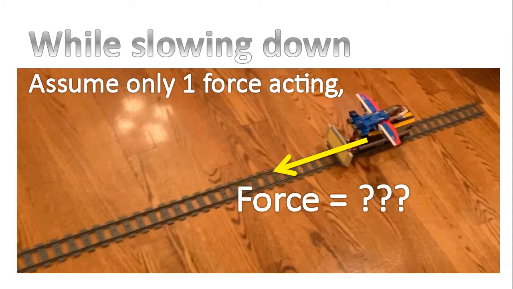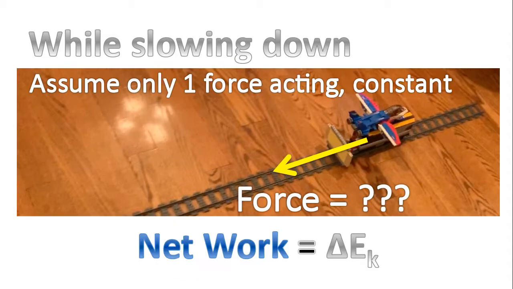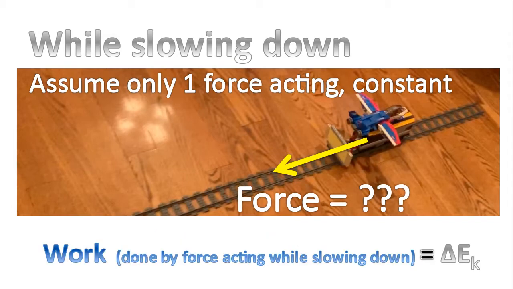Well, today in our investigation, we'll assume that while the train is slowing down, there's only one force acting. We'll also assume that that one force is constant. And so, continuing on with our derivation, net work equals the change in kinetic energy. Since there's only one force acting, we only have to be concerned with one work value, the work done by the force acting while the train is slowing down.